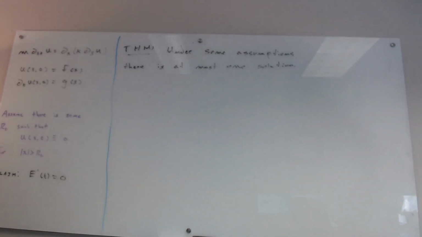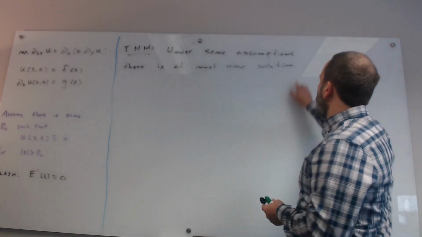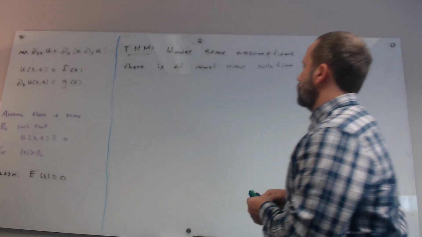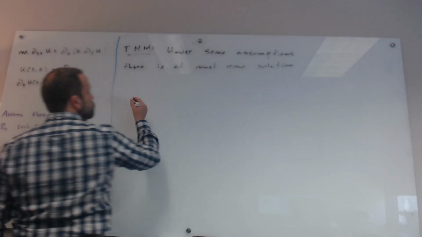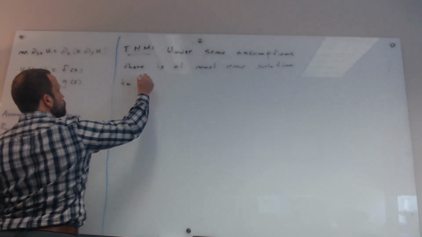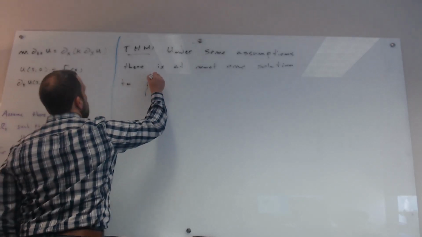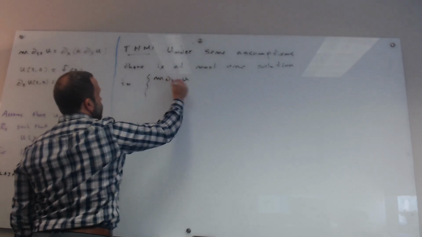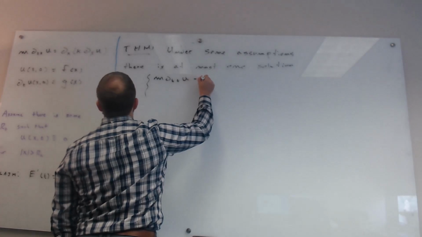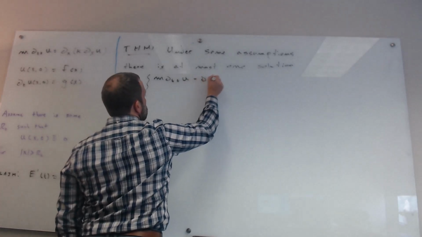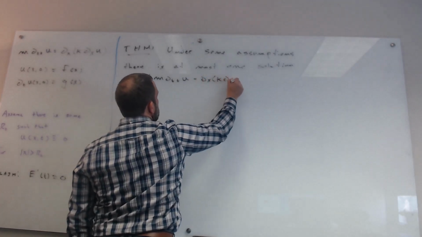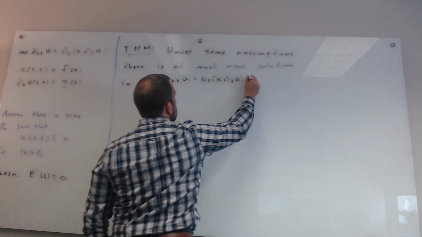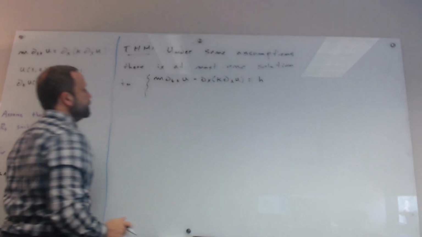Okay, and we can actually make this a little bit stronger. Let me say what there's more than one solution to. There's more than one solution to the following problem. I'm going to write the non-homogeneous version. So m times the t derivative of u minus the x derivative of k times the x derivative of u equals h.